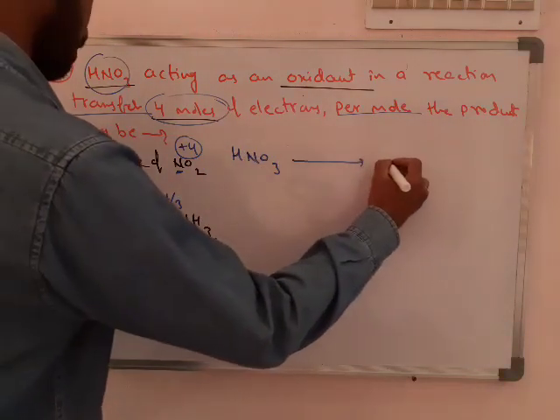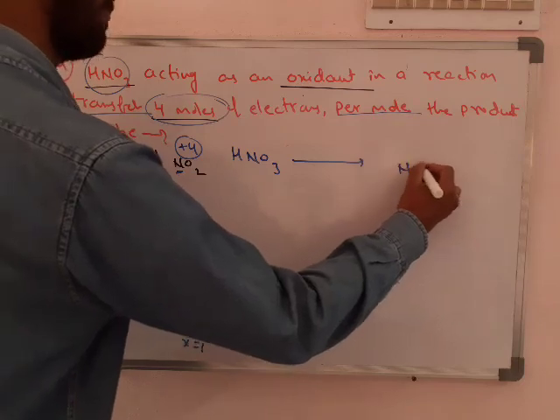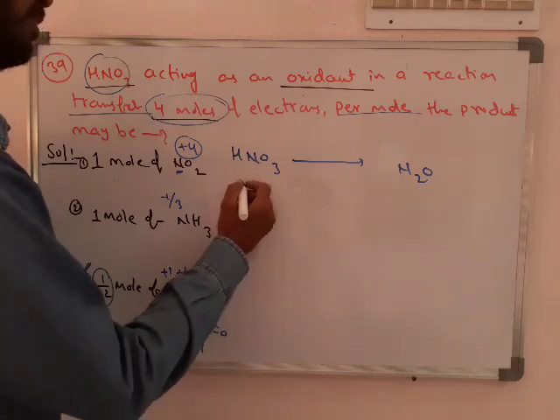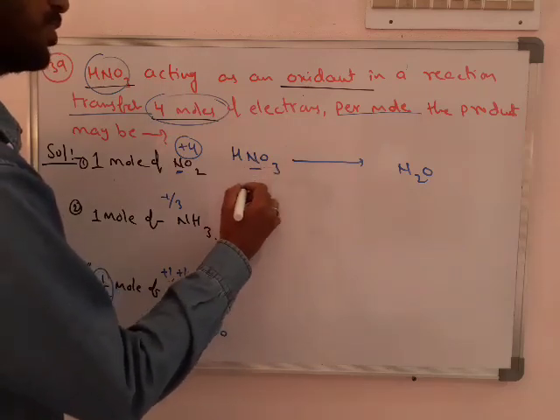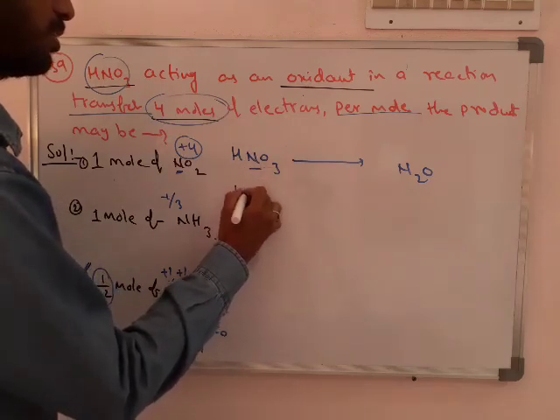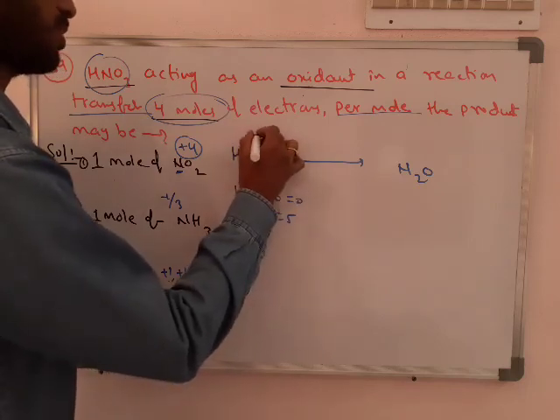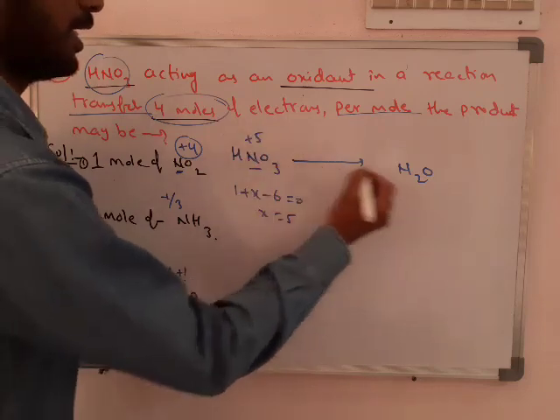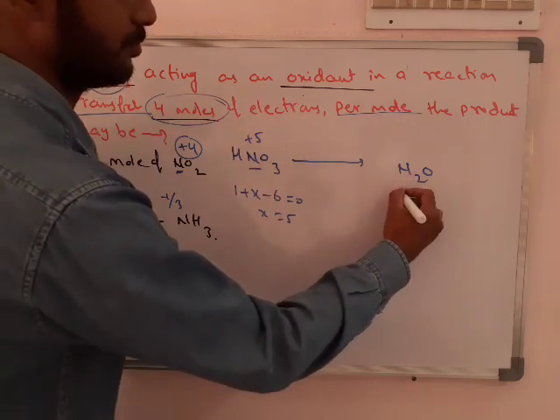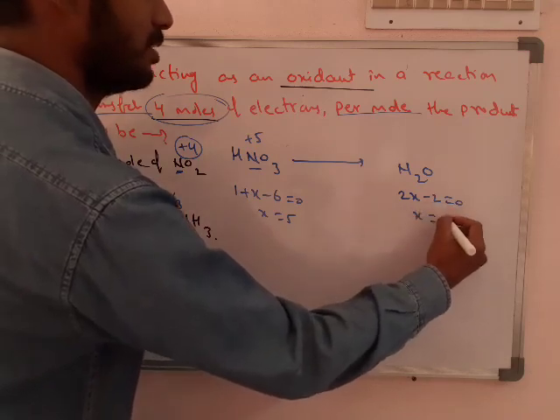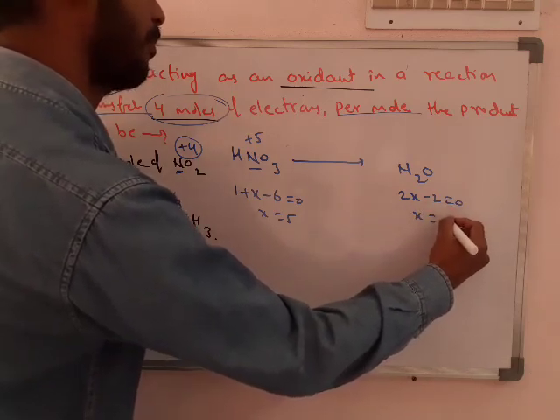So HNO3 becomes N2O. Just we are calculating for 1 mole. Okay, 1 mole. So here what x did you get? 1 plus x minus 6 equals 0. X equals 5. Nitrogen oxidation number plus 5. Here nitrogen oxidation number, so here x equals we get 1.